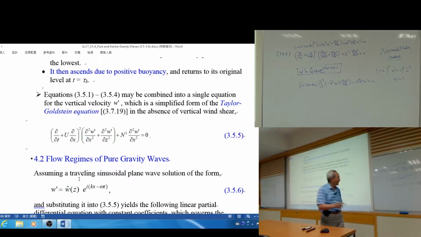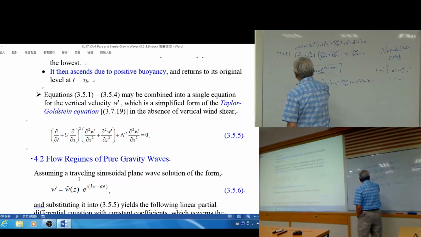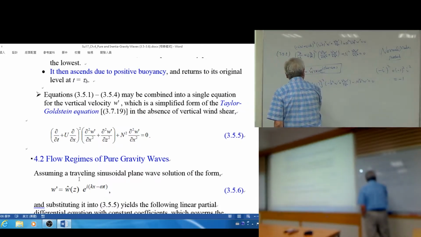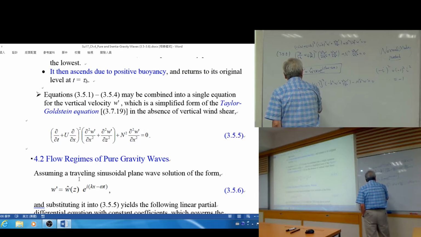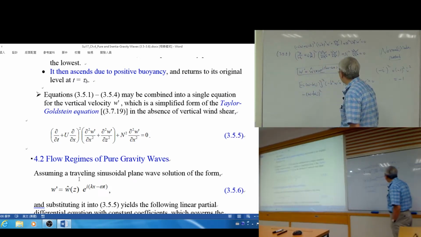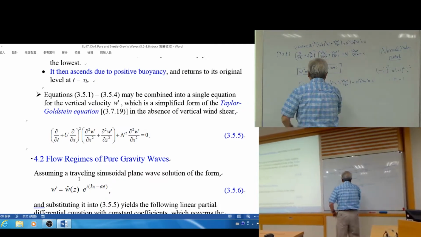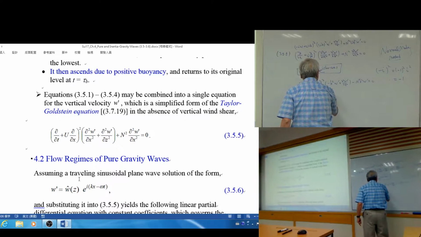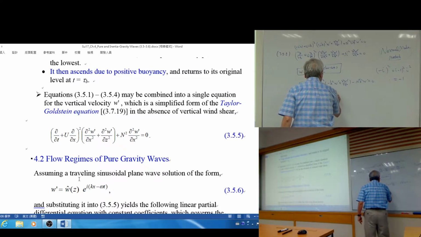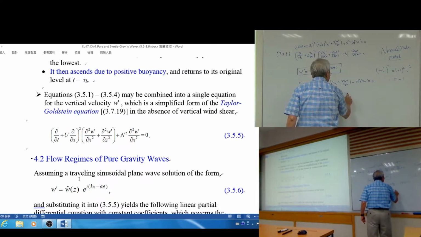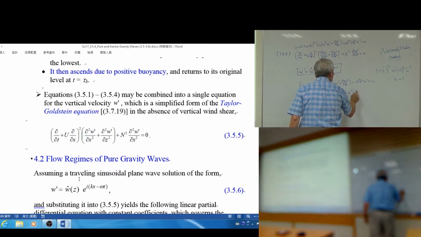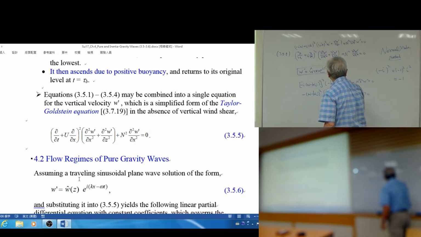Good. So this one becomes minus 1, so minus (omega minus ku) squared. And then this one we can just reverse. So we have d squared w prime over dg squared, minus k squared, minus n squared k squared w prime equals 0.